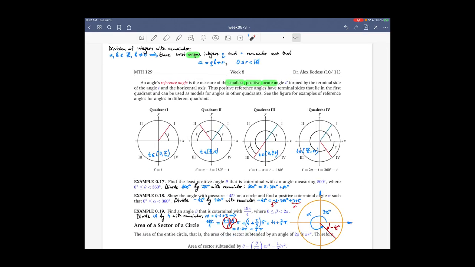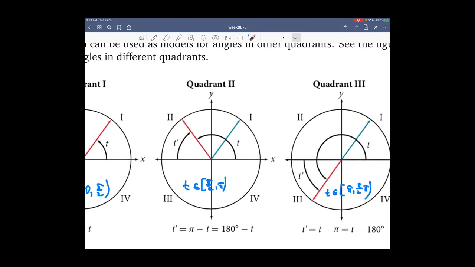Why are reference angles important? They will be important when we get to trigonometric functions, sine and cosine, and various identities involving sine and cosine. For instance, here, when we introduce cosine as the x-coordinate of a point on the unit circle and say that the coordinates of this point are cosine t and sine t.